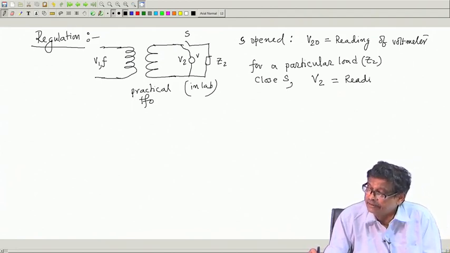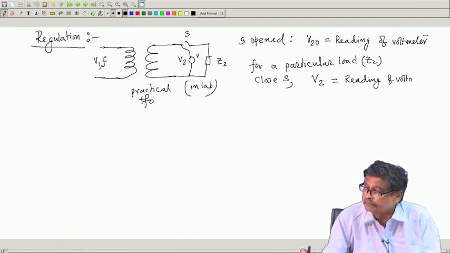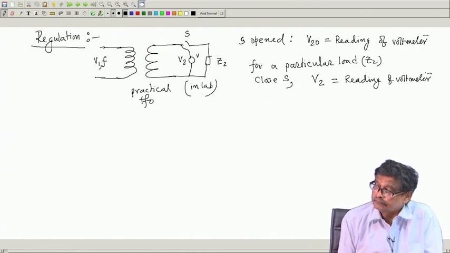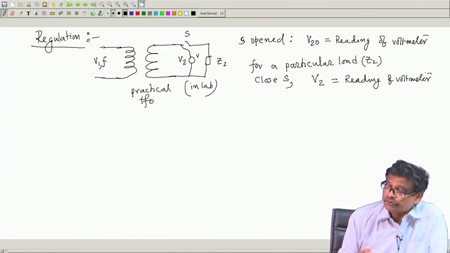V2 is the reading of voltmeter with S closed.